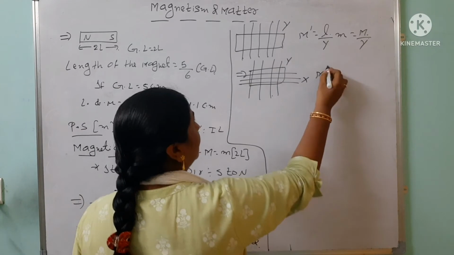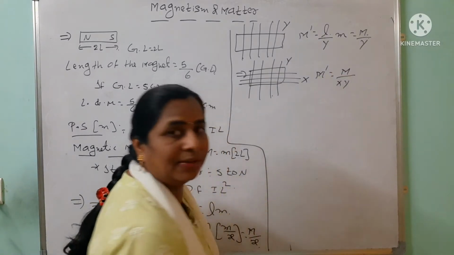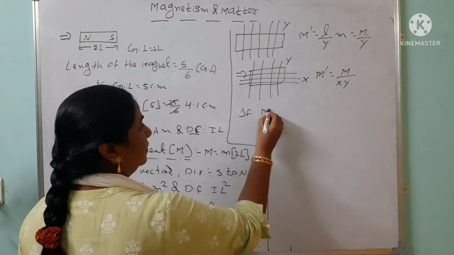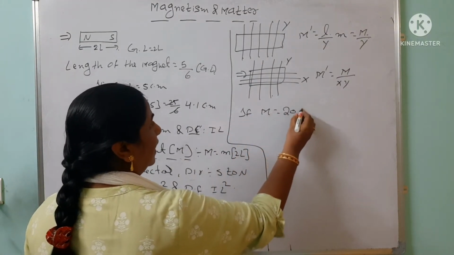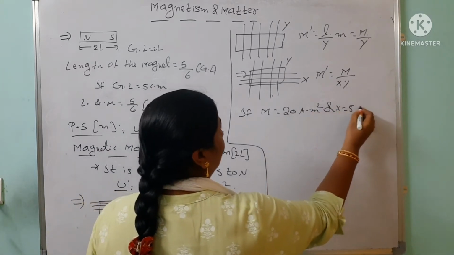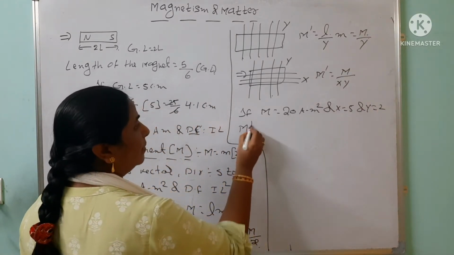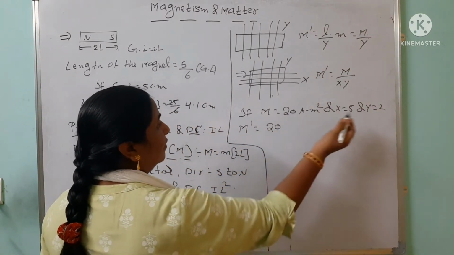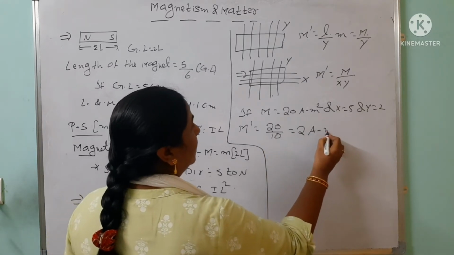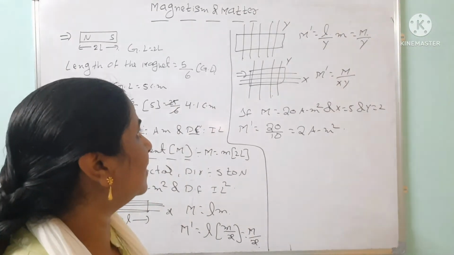The new magnetic moment M dash equals M by X into X by Y. Suppose M equals 20 ampere meter square, X equals 5 and Y equals 2. The new magnetic moment M dash equals 20 by 5 into 10 to 10. So the magnetic moment is in ampere meter square. Like that we can calculate the magnetic moment when you cut this.